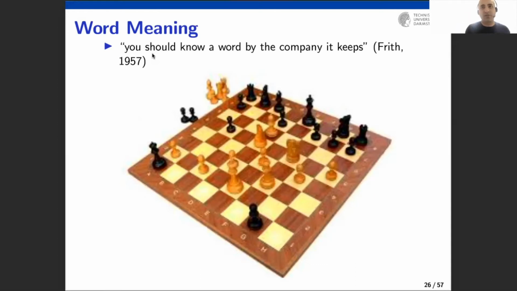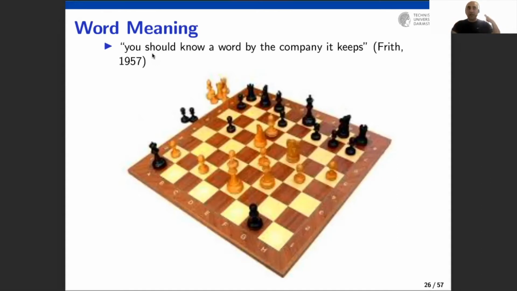So in order to obtain some meaning for a word, for example easy, or for a word like difficult, we need to read a lot of texts, right? We read a lot of texts, and over time we learn that easy is the opposite of difficult. Easy is an adjective, and difficult is also an adjective.